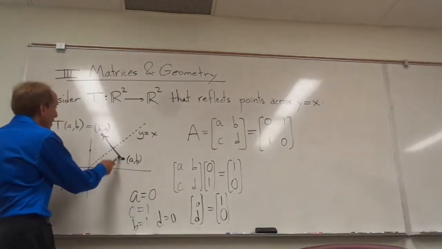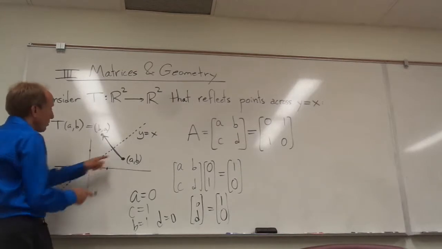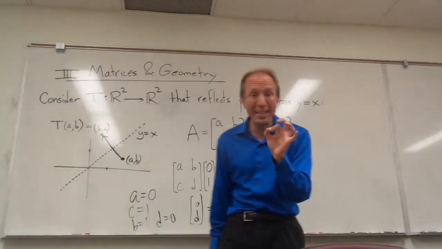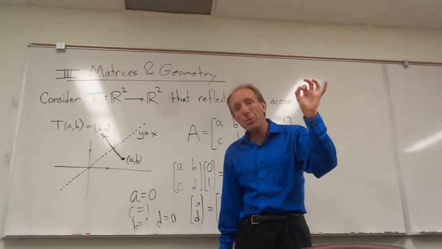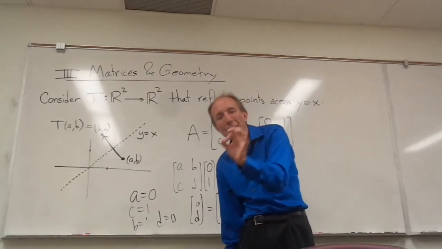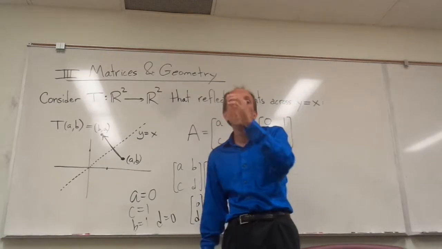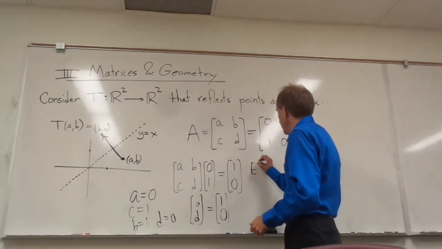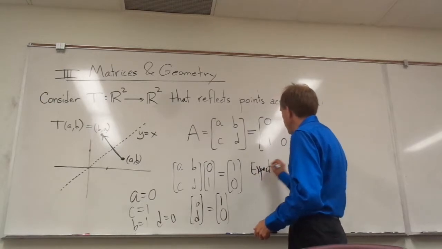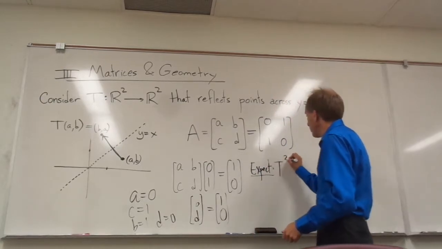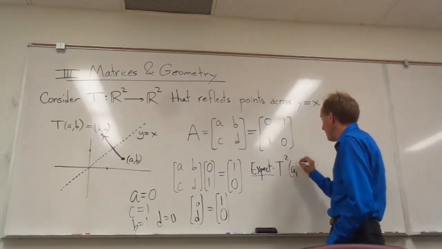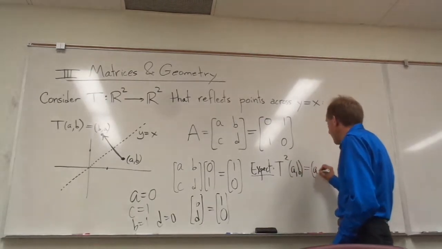Well, if I apply the transformation twice, you might realize that you start at the point (a, b), transform it to the point (b, a), and then it gets flipped back to the point (a, b) again. In other words, we would expect that if we applied T squared to any point (a, b), we would get (a, b) again, right?